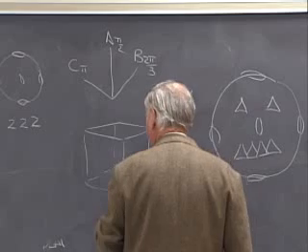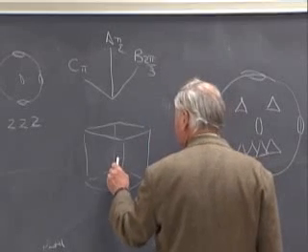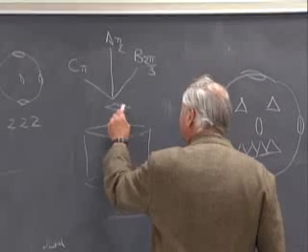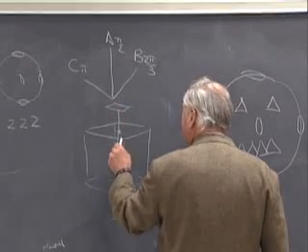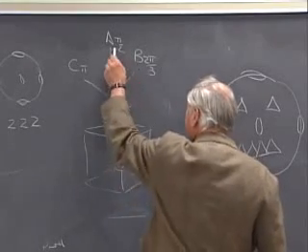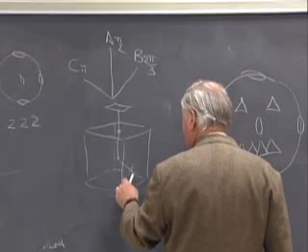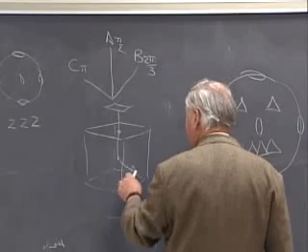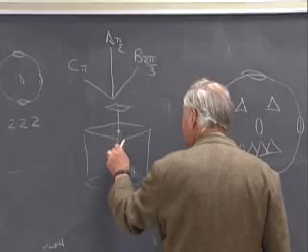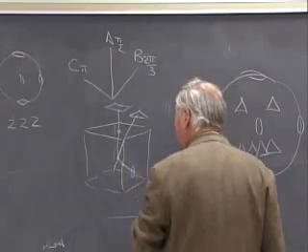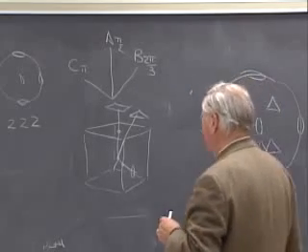Again, they are crazy angles that make no sense at all unless you refer them to directions that occur in a cube. The fourfold axis is in a direction that corresponds to the normal to a face. The twofold axis corresponds to a direction out of one of the edges, and the threefold axis corresponds to a direction that is a body diagonal. So again, this is a mess.